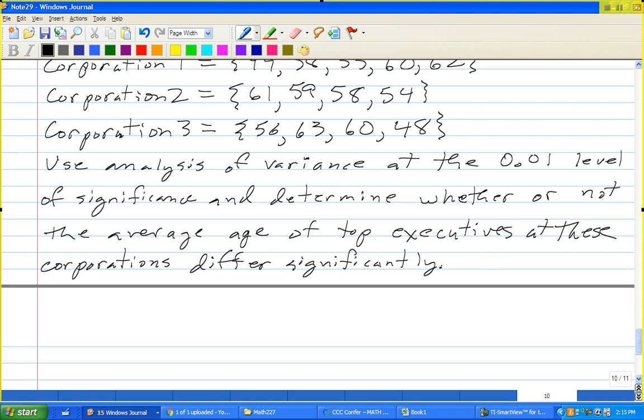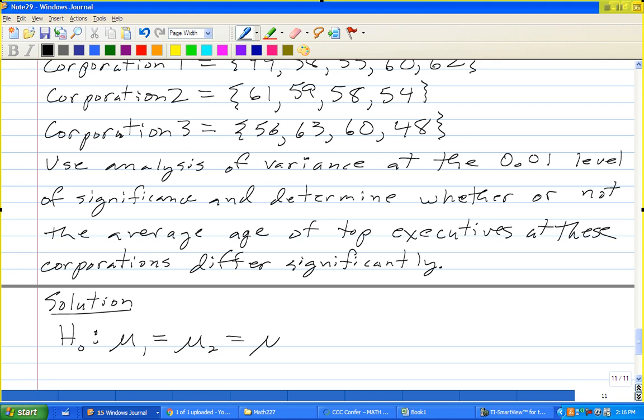Okay, so let's do this. The null hypothesis is that the average age of the first corporation is the same as the average age of the second corporation, same as the average age of the third corporation.